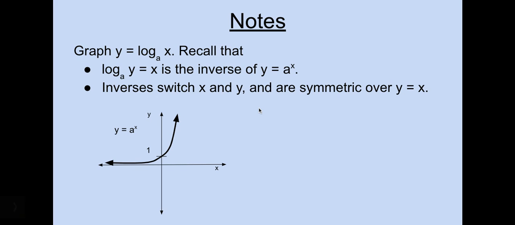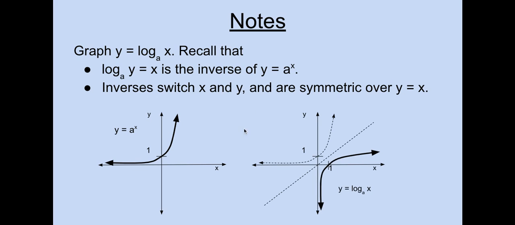Well, if that's the case, all I have to do is draw a nice little line of symmetry and then change all the x's and y's. So you can see it hugs the x-axis at negative x, which means my inverse will hug the negative y-axis. And then my exponential goes to a positive y, so my inverse will go to a positive x.